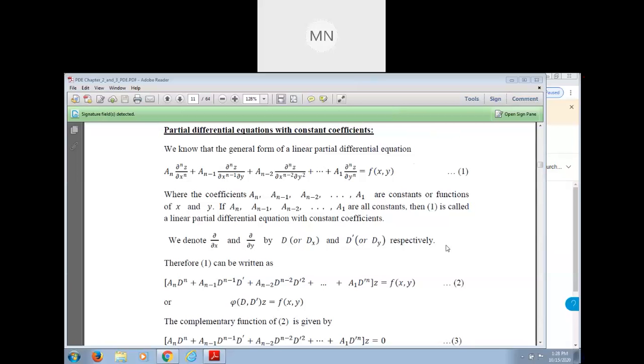Can you tell me the form of the partial differential equation of second order? Anyone, can you tell me the form?